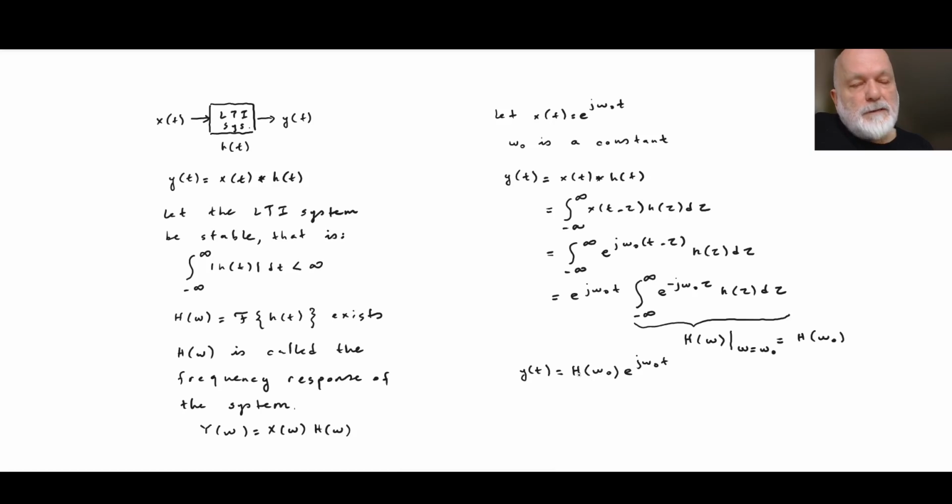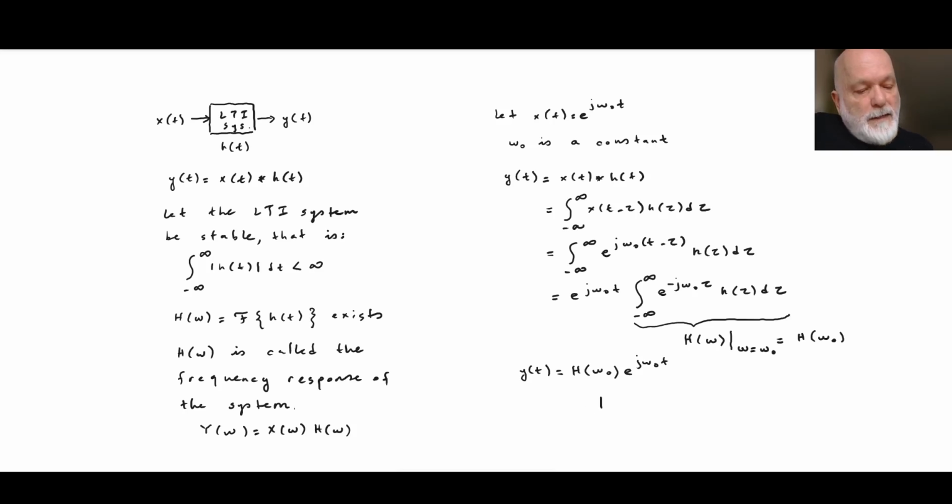So we evaluate the Fourier transform at that constant frequency, and therefore H of omega 0 can be interpreted as the response of the system to the complex exponential signal with frequency omega 0. That's why it is called the frequency response of the system.